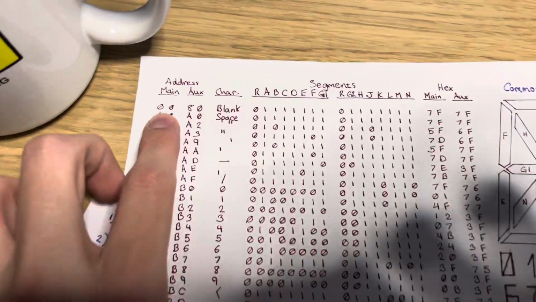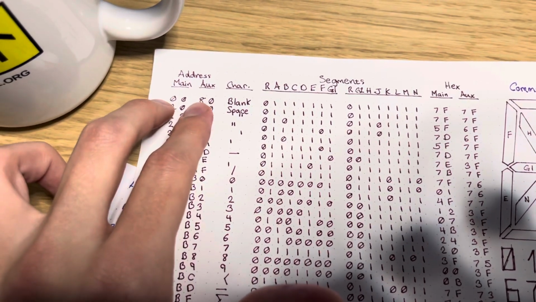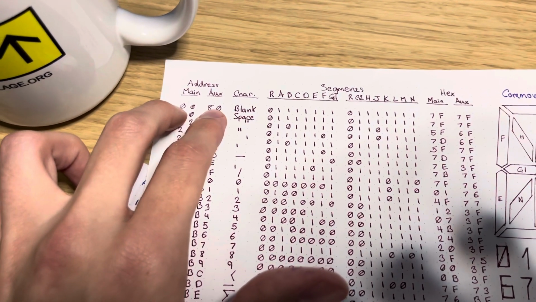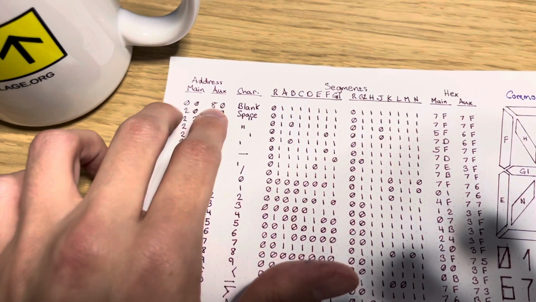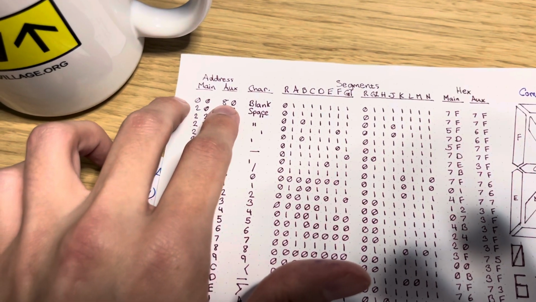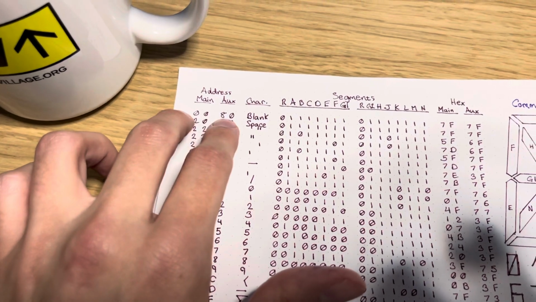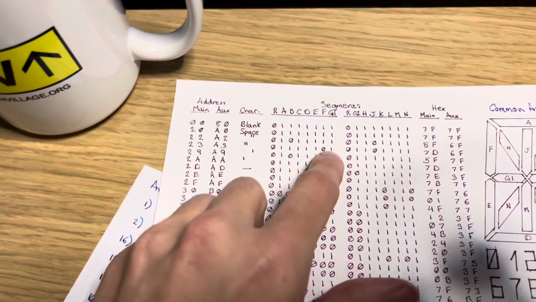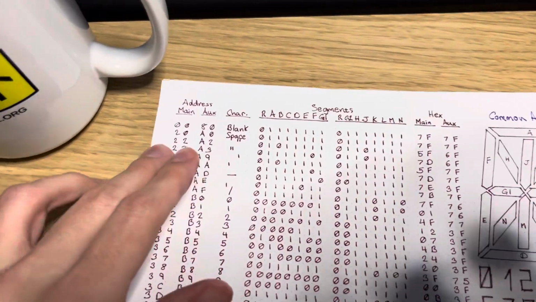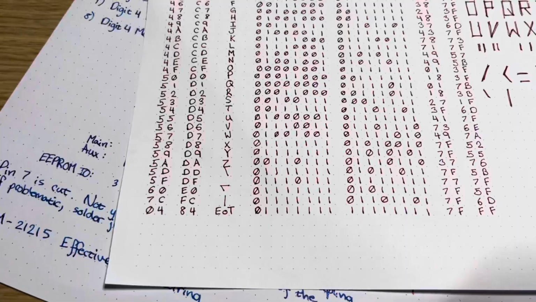The reason it's 0 and then 8 is simply because I'm flipping the topmost bit of the address, and if I'm not mistaken, 8 in hex is 128 in decimal, which is the place value of this top bit. So that's why this is like this, and it goes down like that.